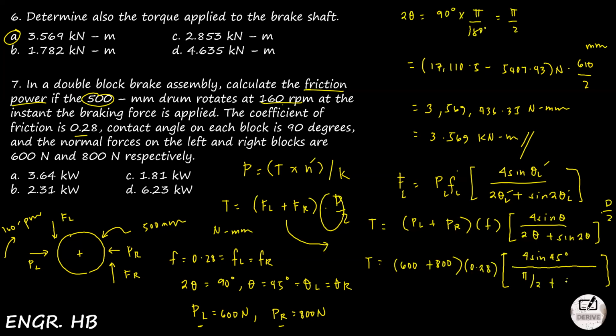Plus sine 90 times diameter over 2, which is 500 over 2.